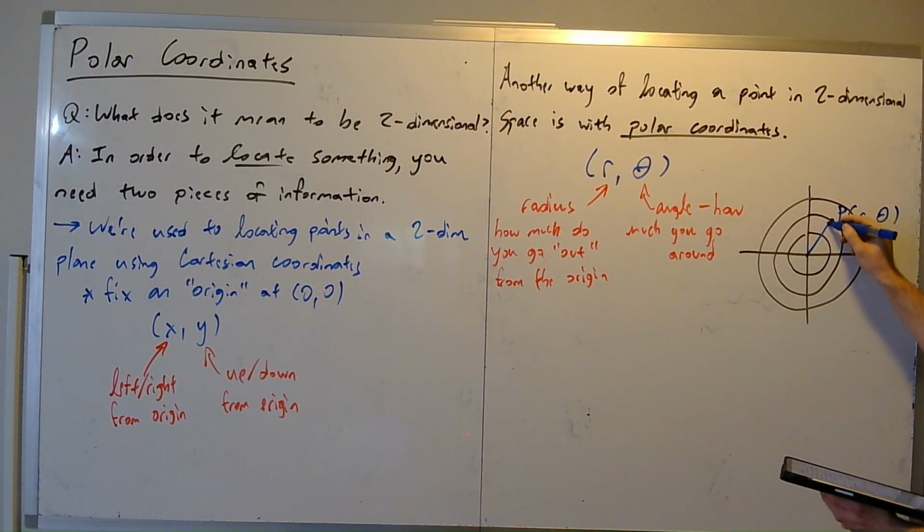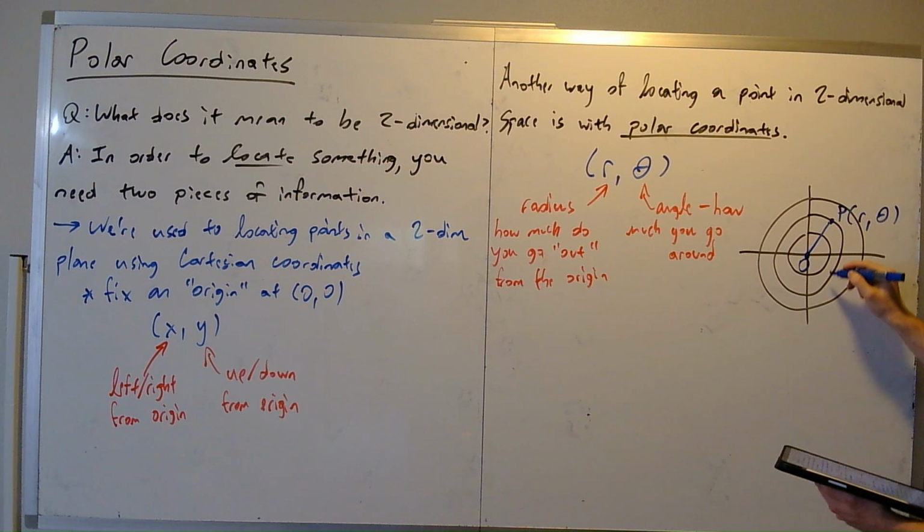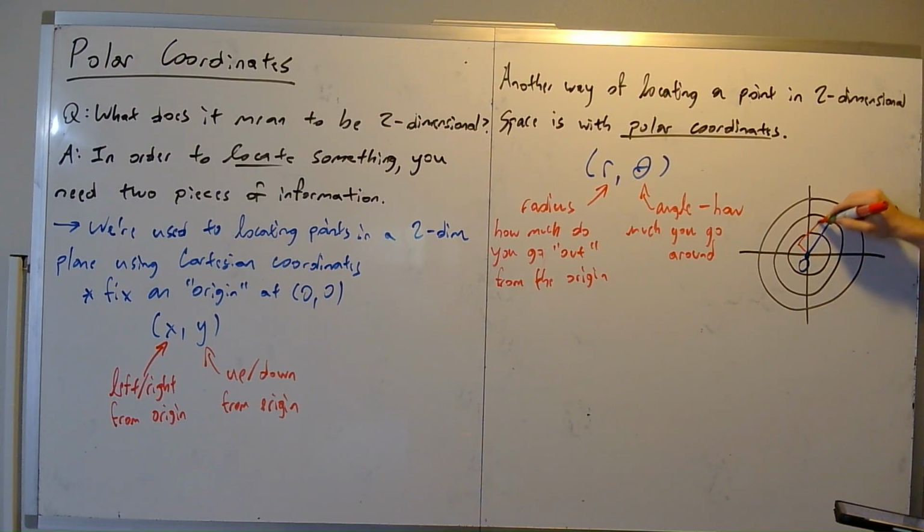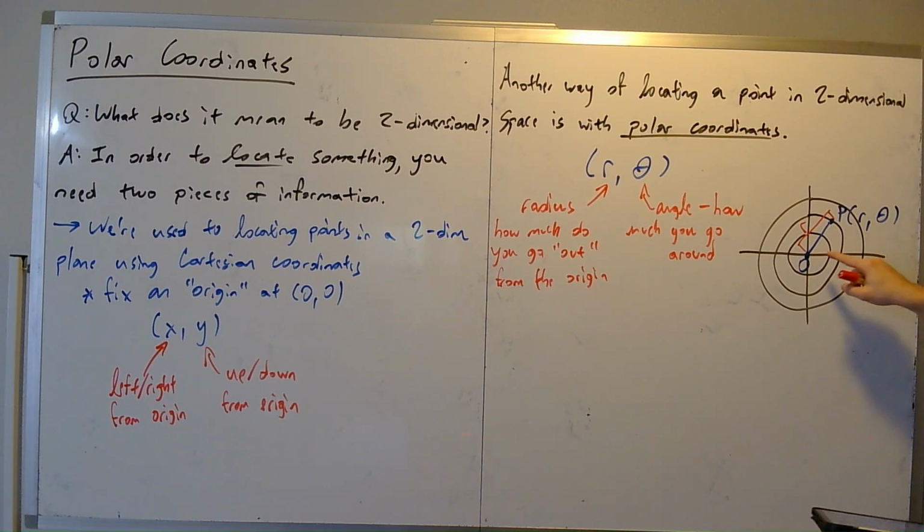The radius is the distance from the origin to P, which is the radius of the circle that the point is lying on. This doesn't have to be a nice circle. It can be a circle of radius, I don't know, square root of 2, for instance. But the point lies on some circle that's centered at the origin, and you can say the radius of that circle. So that's one piece of information, the radius.